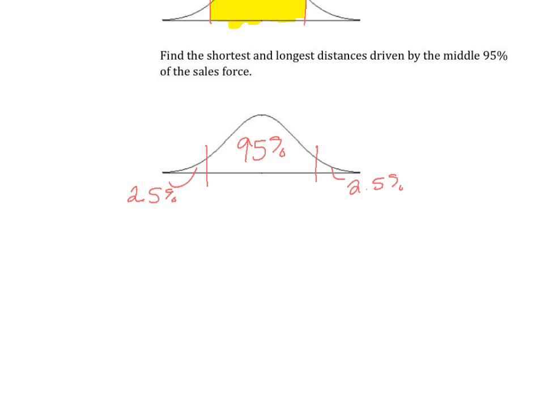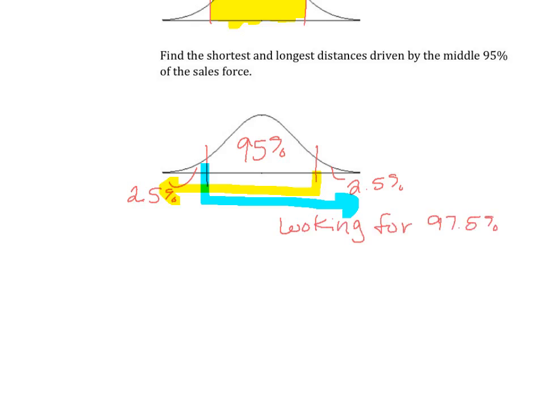So when we're looking for our z-score, we're particularly looking for this part, and we're also particularly looking for this part. So we're looking for 95 plus 2.5, which is 97.5%, or 0.975.